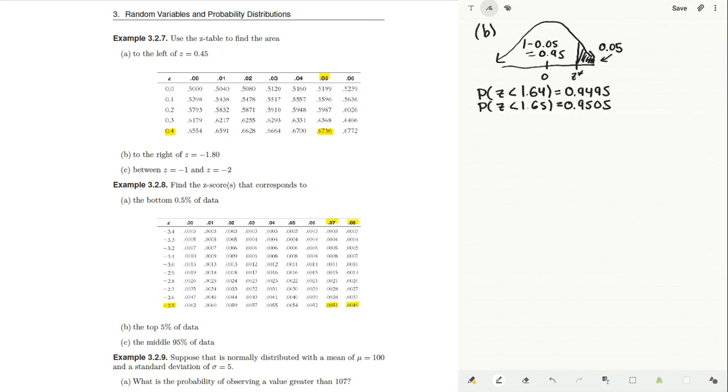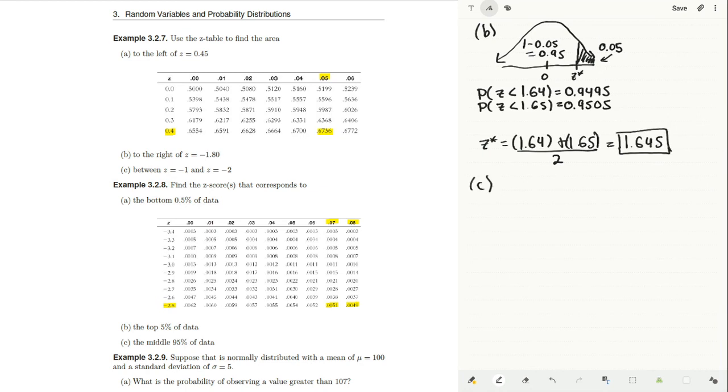So now notice that 0.95 falls right in between these two areas. So we will take the average of these two z-scores to determine z star. So z star is 1.64 plus 1.65 all over 2, which is 1.645.